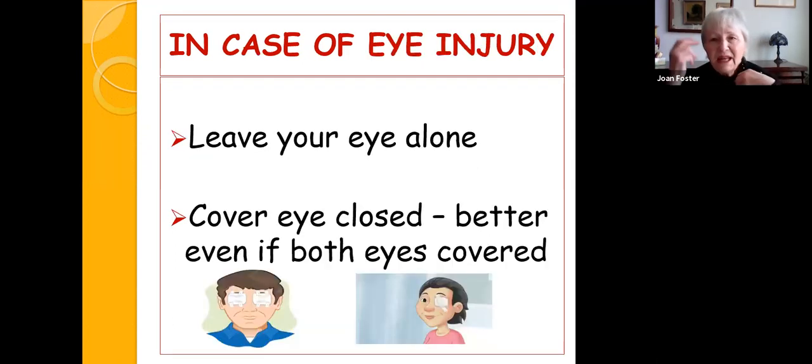If somebody gets something in their eye or falls and it looks like they've cut around their eye or anything, don't ever intervene with an eye injury.